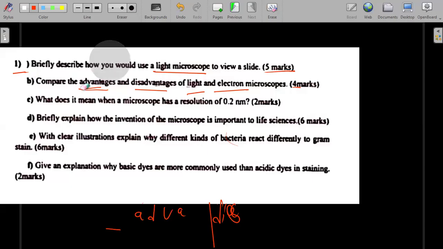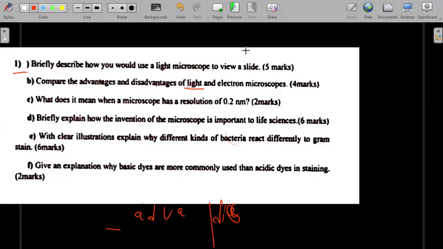What are some of the advantages of using a light microscope? Anyone who can give it a try? Remember when we had that lesson, we said an electron microscope, we only use it to view things that are not living.